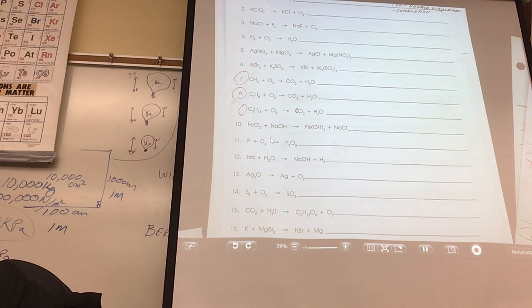Did they get all three combustions right yet? On combustion, if you put an odd number in front of that water, it won't work. You'll have to double that odd number, and then you'll be okay.